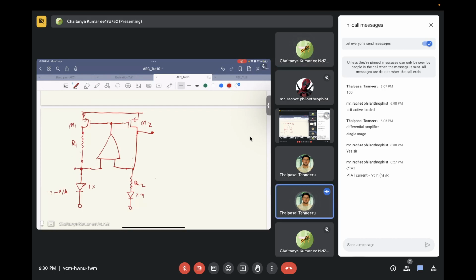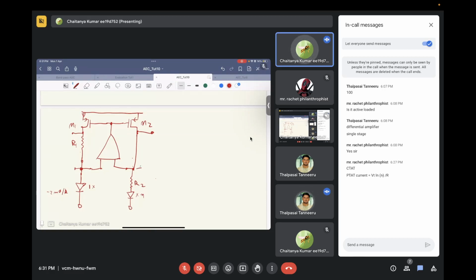What is the output of this band gap reference generator? I into R2 plus VBE, sir. No, which node is the output? Which node will have a temperature coefficient of 0?